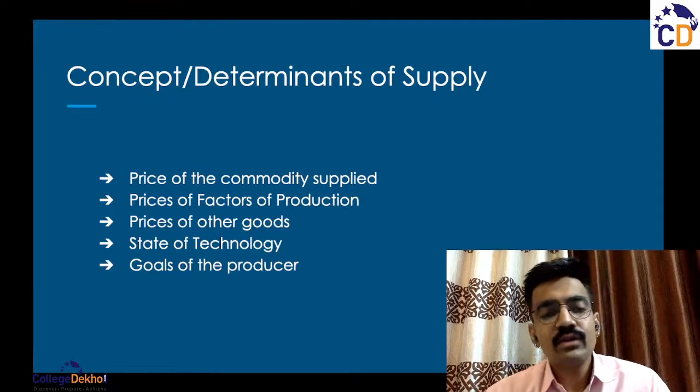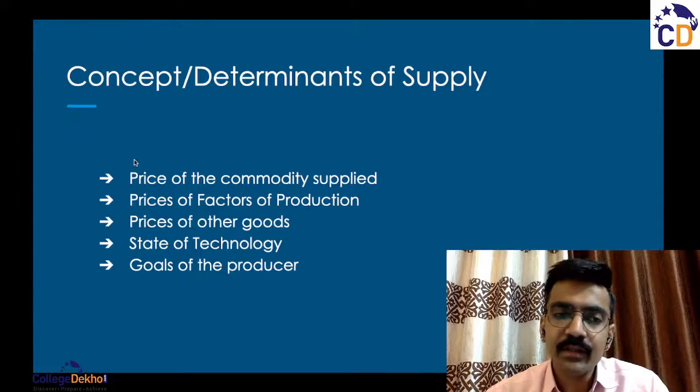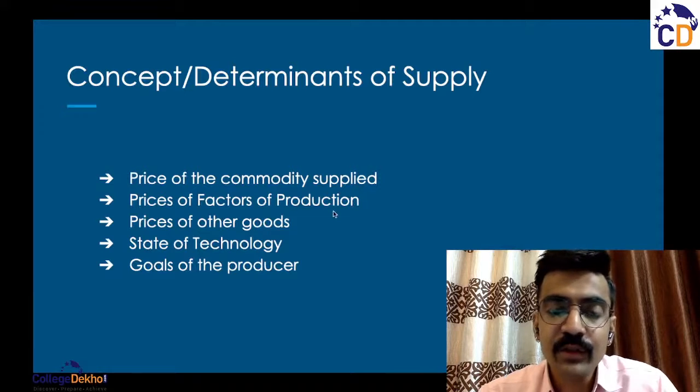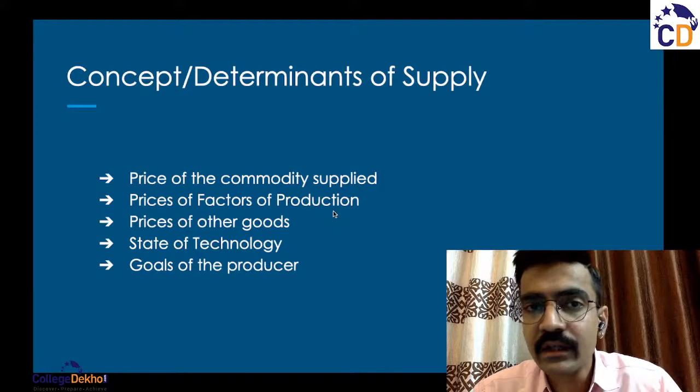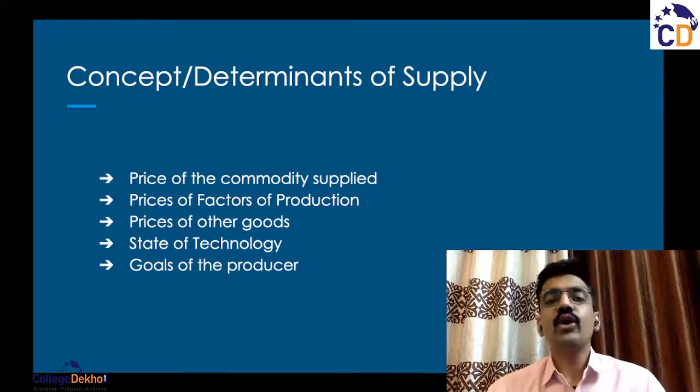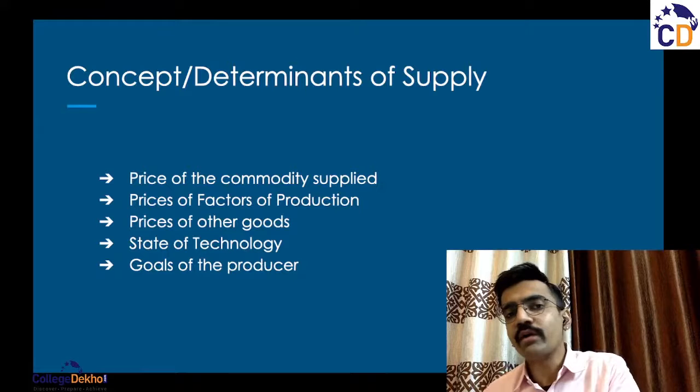Now the second determinant is the prices of factors of production. What are the factors of production? It is the raw material that the business is using in order to arrive at the final product.